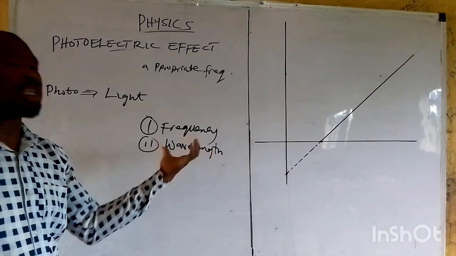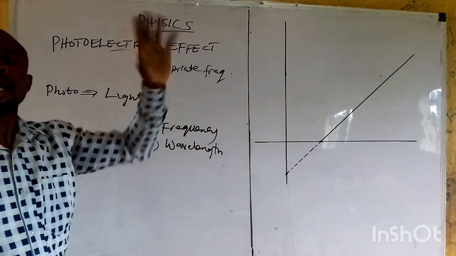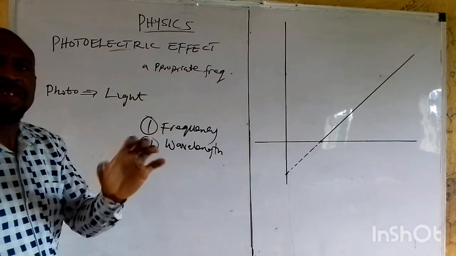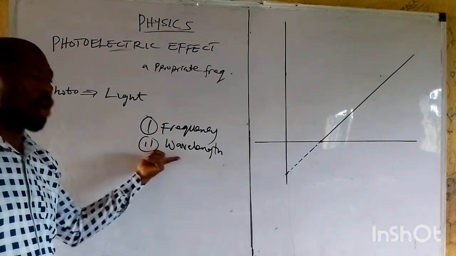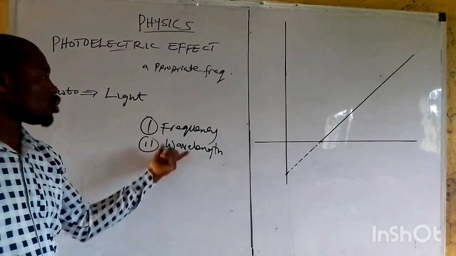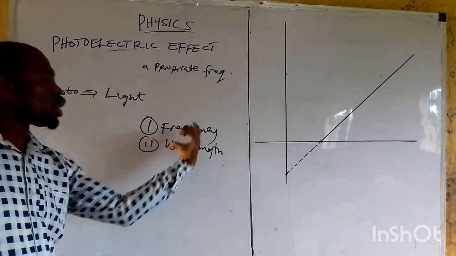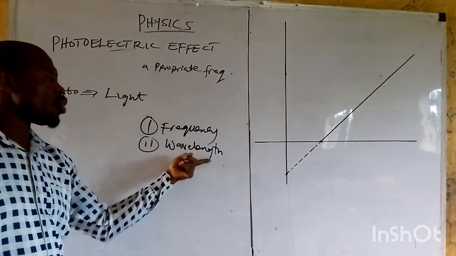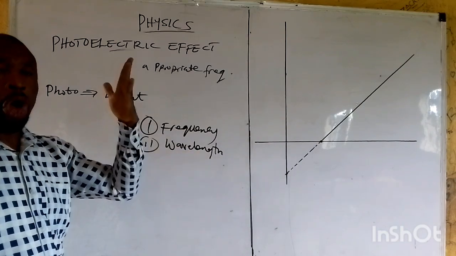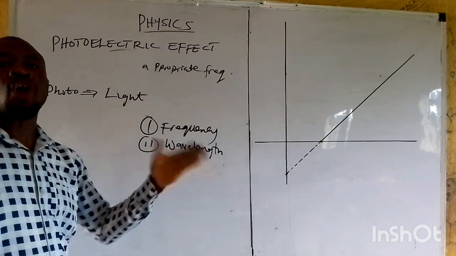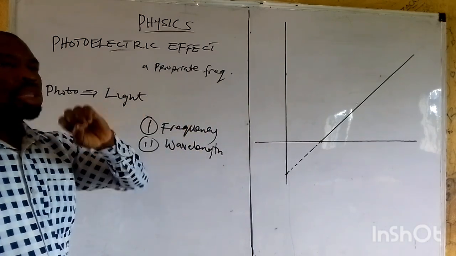It doesn't depend on the intensity of the solar radiation or the duration of the solar radiation. It depends on the wavelength of the incident radiation and then frequency. These two have roles to play. If the wavelength is too long, nothing will happen. If the frequency does not reach that threshold, nothing will happen.